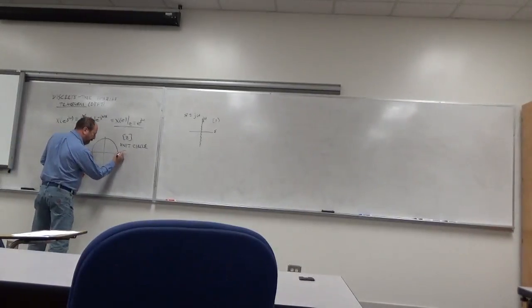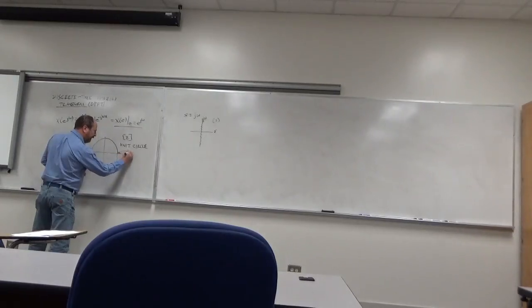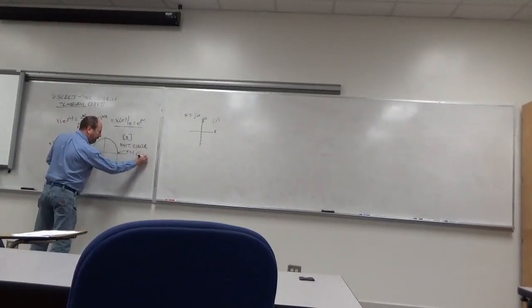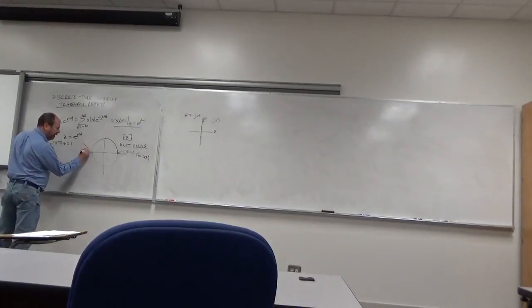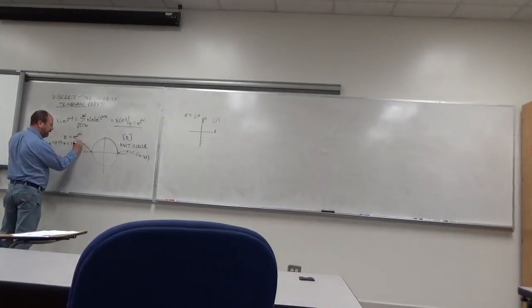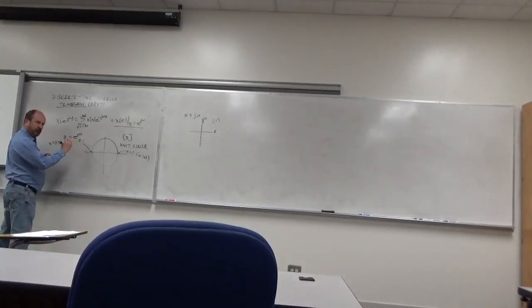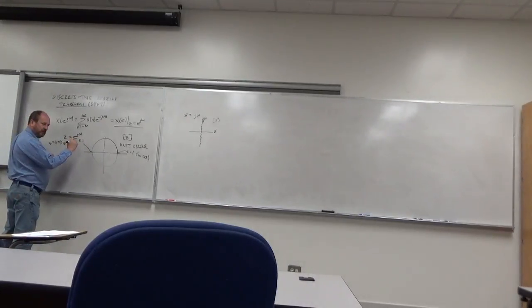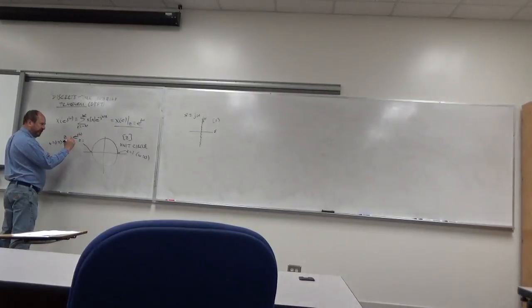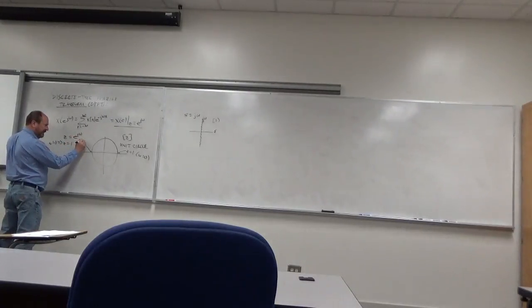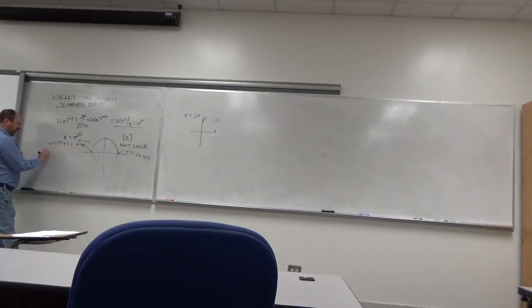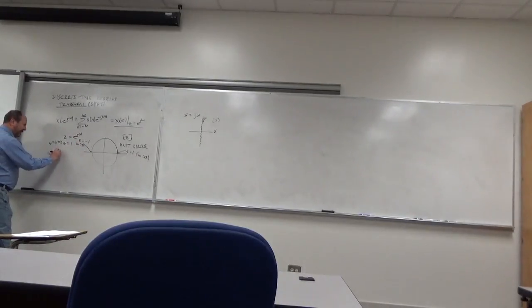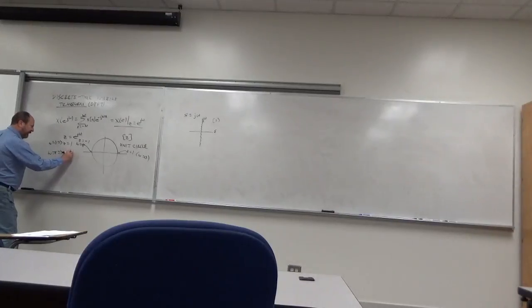So this point right here is z equals 1, which is where omega is 0. What about this point over here? Where does that intersect on the negative real axis? You all know this? z is negative 1. And that's when omega is pi. So omega equals pi gives you a z of negative 1.